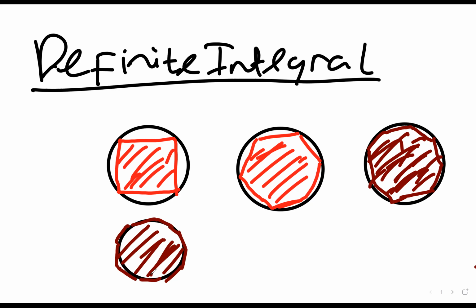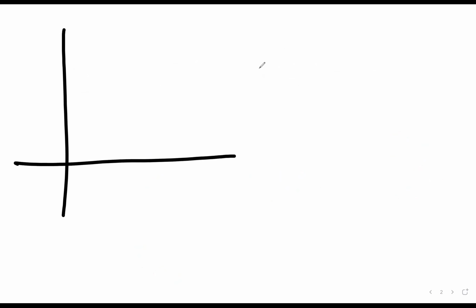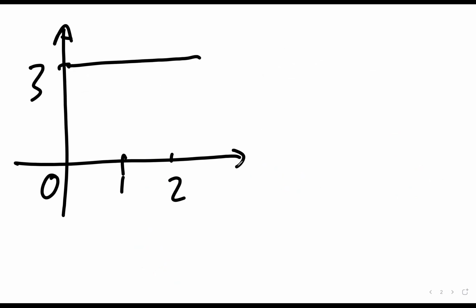So if we start with the following observation, for example, if you have a constant function from 0 until 2, say y equals 3, and we draw this from 0 until 2 here. So here is the constant y equals 3.